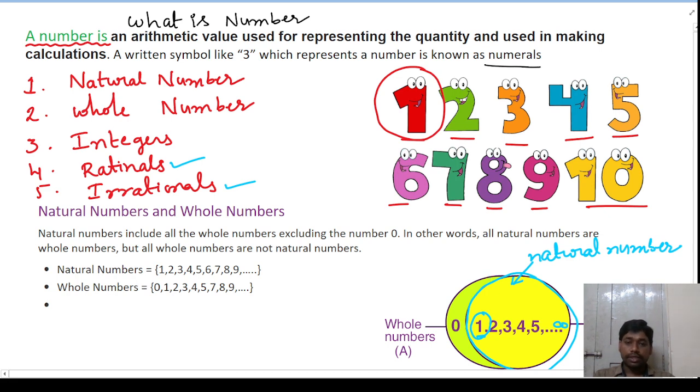And second, whole numbers. This blue color circle also gets included: 0, 1, 2, 3, 4, 5 and so on.